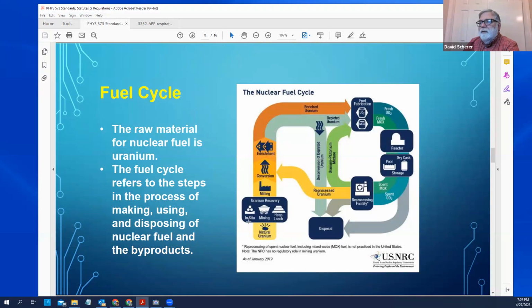So the first is uranium recovery. This is mining or in situ leaching of uranium from the soil. Health physicists are involved because this kind of work can produce a lot of contamination, because wherever uranium is, the daughter products of the uranium chain are there as well.